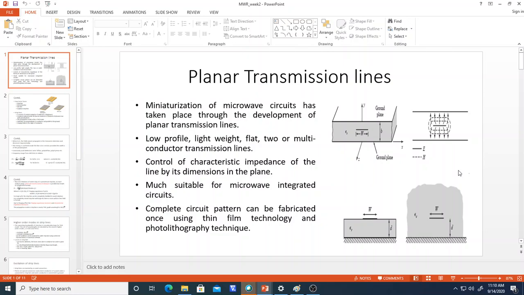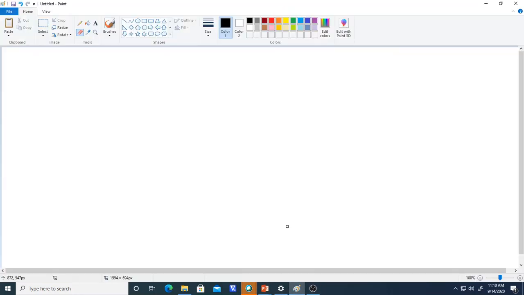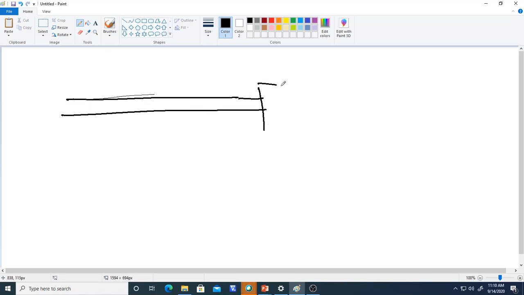Where you are running some thickness and some width of the transmission line. Say, for example, if you take a simple example, if you have a transmission line like this, a simple 2-port transmission line, this is port 2 and this is port 1.